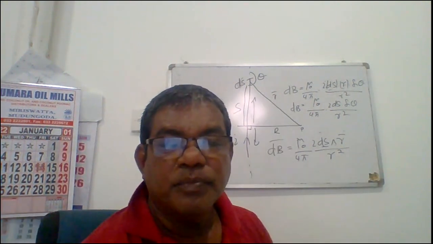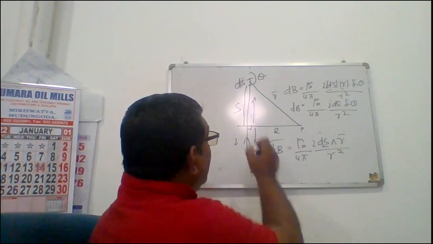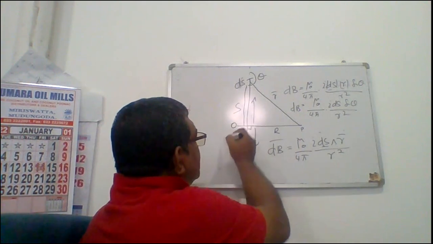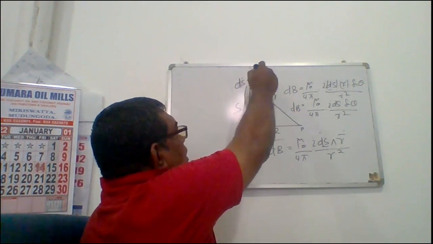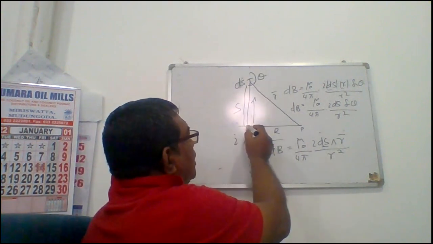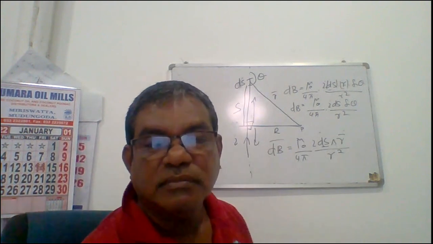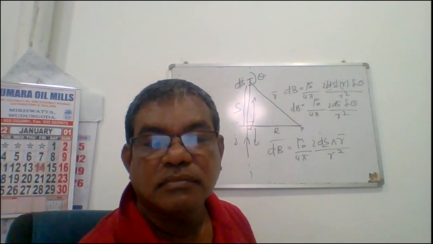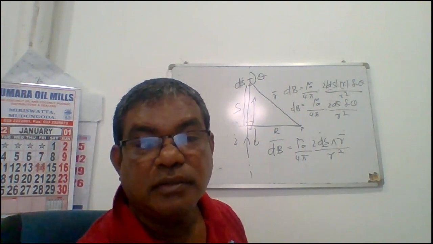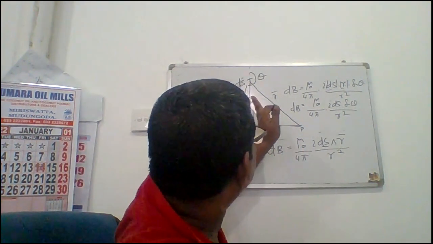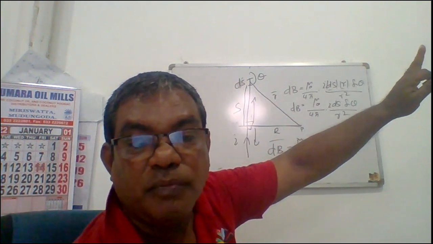So therefore, I will rewrite this one. I consider this as the theta angle. When I take theta to come to this point, then theta is equal to 90. No, theta is equal to 0.